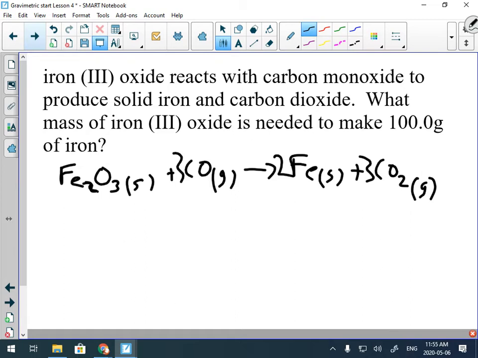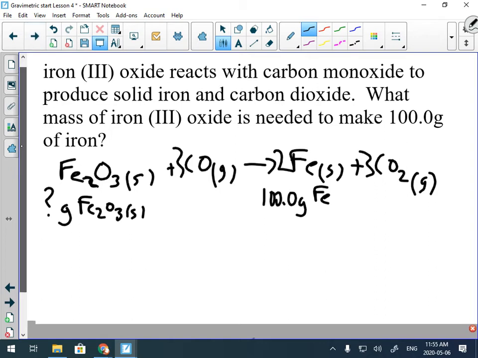What mass of iron 3 oxide is needed to make 100.0 grams of iron? So 100.0, 4 sig figs, grams of iron. What goes with mass? Molar mass, right?